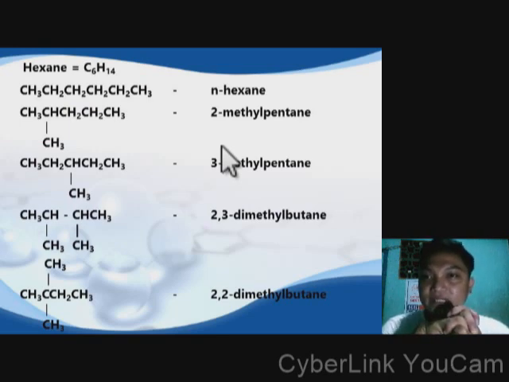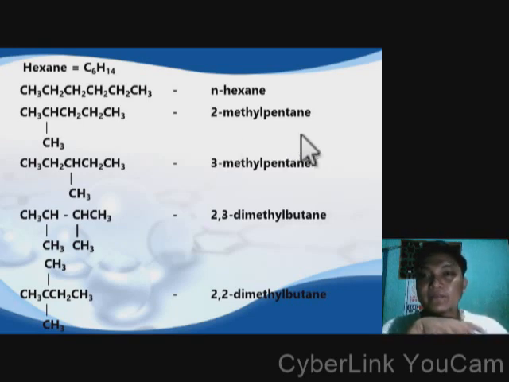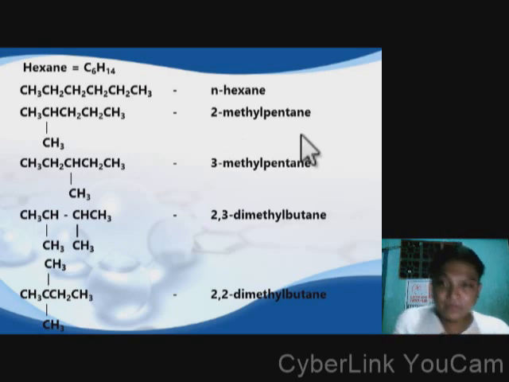Hydrogen, of course. 3, 6, 9, 11, 13, 14. So, also, your 2-methylpentane is one of the isomer of your hexane. Okay, tignan din natin 3-methylpentane. So, nagbaliw lang DJ.